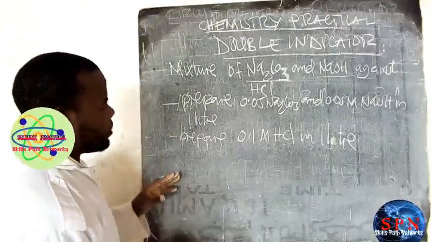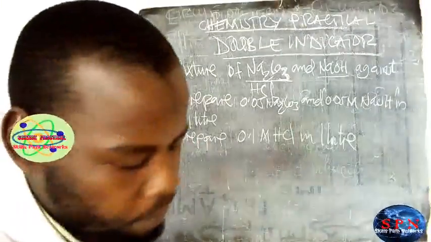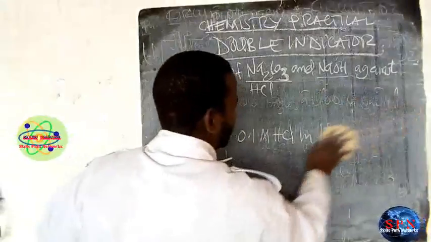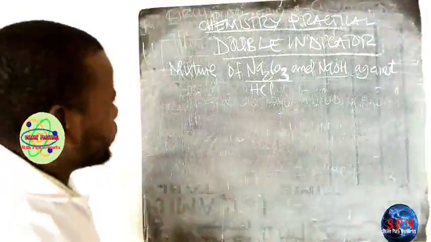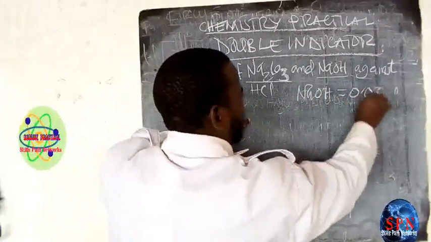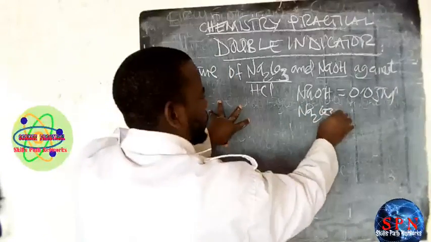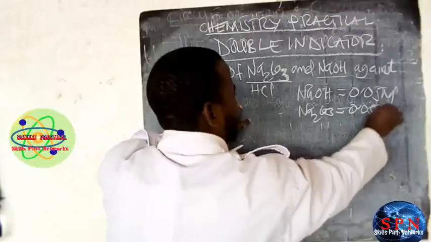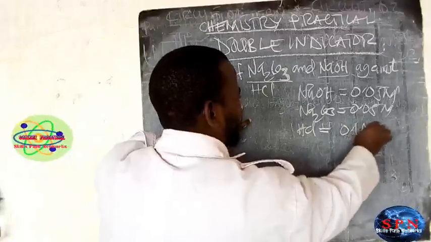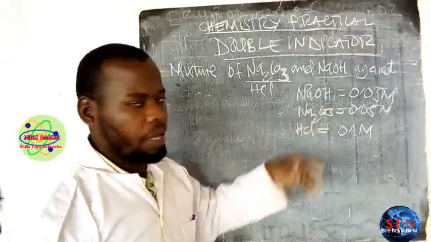We remember that we have 3 reactions. The sodium hydroxide is 0.05 M in 1 liter, the sodium carbonate is 0.05 M, and the hydrochloric acid is 0.1 M. So what volume of acid will be used here and here?